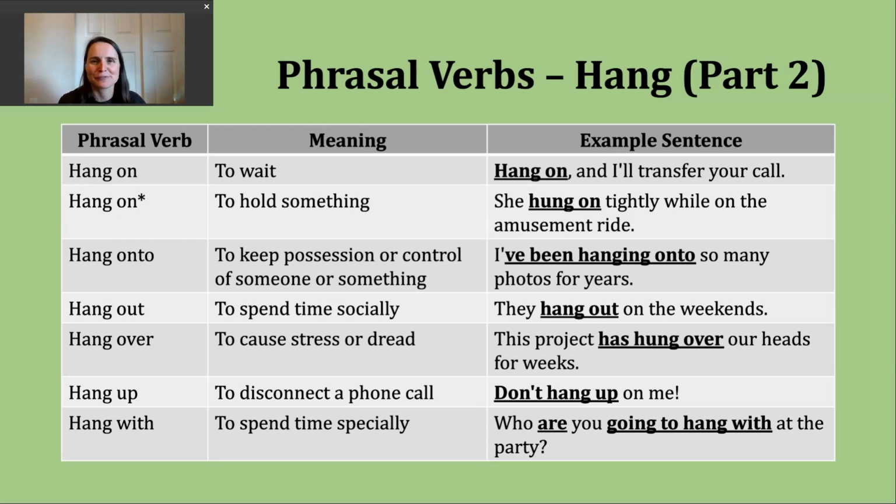The last phrasal verb we're going to look at today is hang with. This can also mean to spend time socially with a particular group. An example of this, who are you going to hang with at the party? So, which people are you going to talk to, stand near, and interact with?